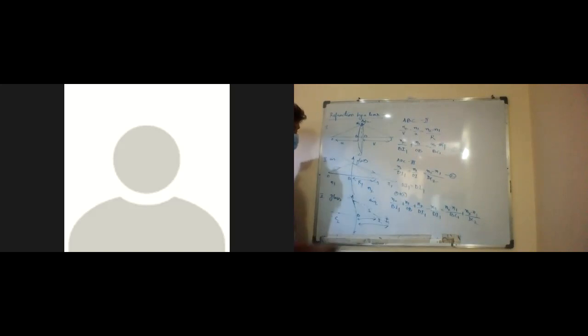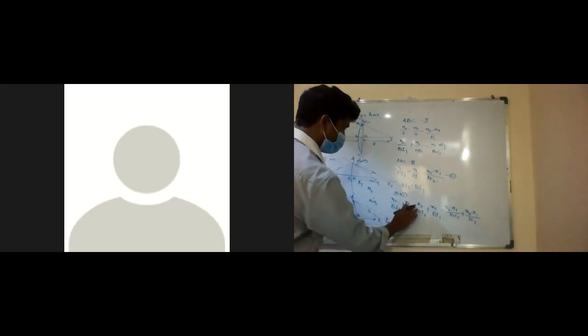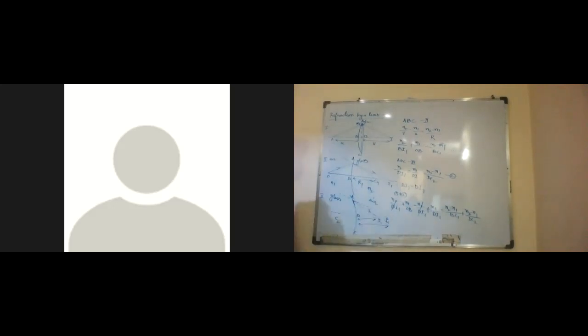bi1 and di1 are the same, right? So anything will get cancelled here? N2 will get cancelled. Why is this plus? This should be positive and this should be negative, right? How do we cancel different denominators?